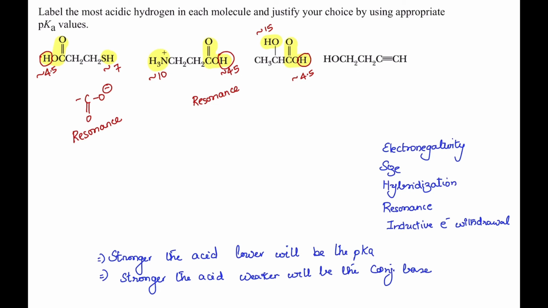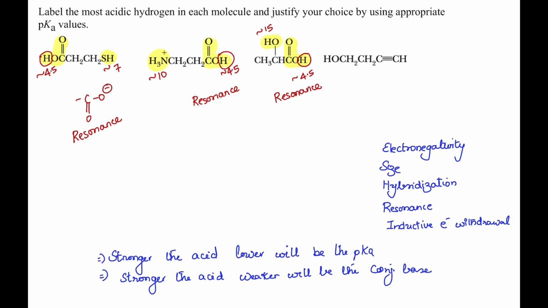And again, it's exactly for the same reason that a carboxylate ion can be formed, which is resonance stabilized. So here, although the hydrogen is connected to the same atom, oxygen, the electrons in here are delocalized because of resonance, whereas in here, it's just going to stay on that oxygen. It has no way to have resonance contribution.